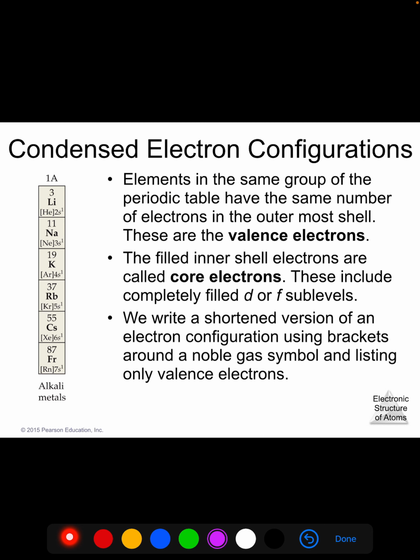There's a shorthand for doing this. Once you get to a noble gas, instead of writing 1s2, 2s1 for lithium, we write helium. That's not much of a savings, but imagine sodium, with neon. Sodium would be 1s2, that's full. Now we go up one, 2s2.